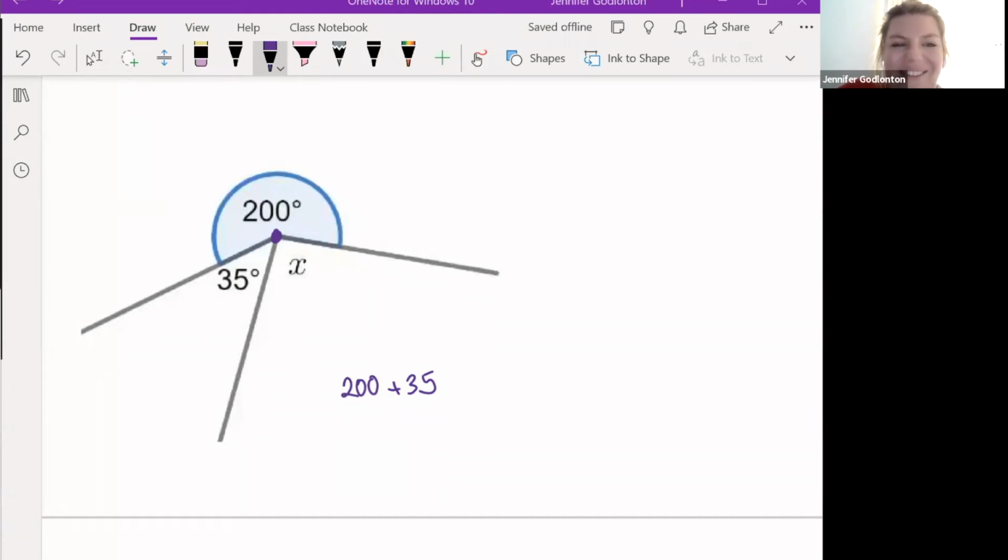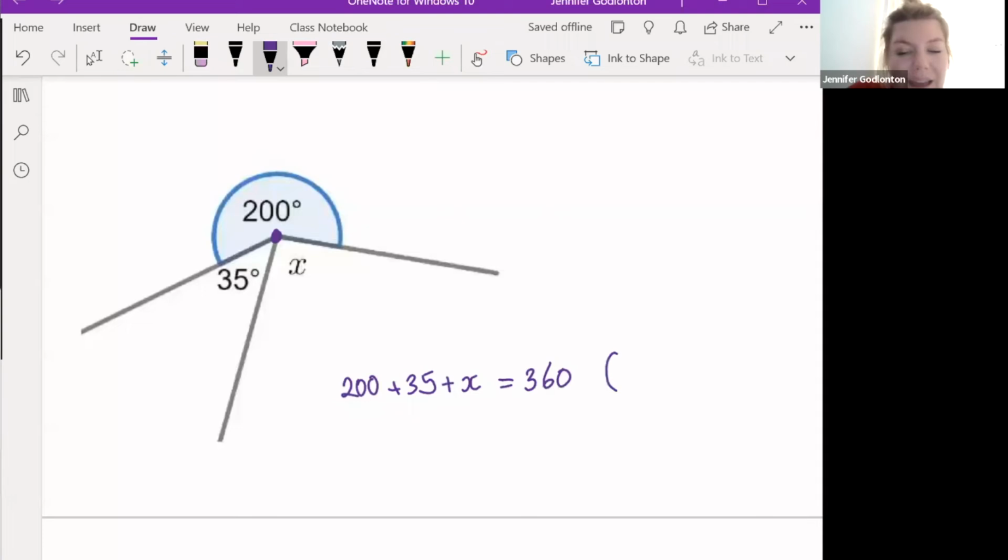So at the moment, I've got 200 plus 35. What else would I need to do in order to get to the rest of this? For me, I think that you have to take X and then add it with 200. Okay. No, wait. Yes. X plus 200 plus 35 equals 360 because the 200 that is outside is a revolution angle.